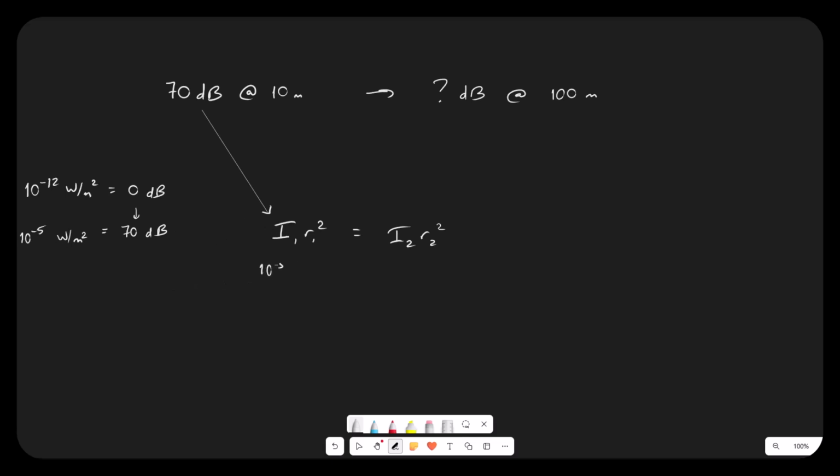So 10 to the negative 5th watts per square meter times 10 meters squared equals my new intensity times 100 meters squared. I find my new intensity, and then once I've got my new intensity, I'm going to have to convert that back to decibels to be able to solve this. I can't do this one directly. I have to take the roundabout way of getting there. But that's it. That's sound level and intensity and decibels in a way that is hopefully not any kind of scary.